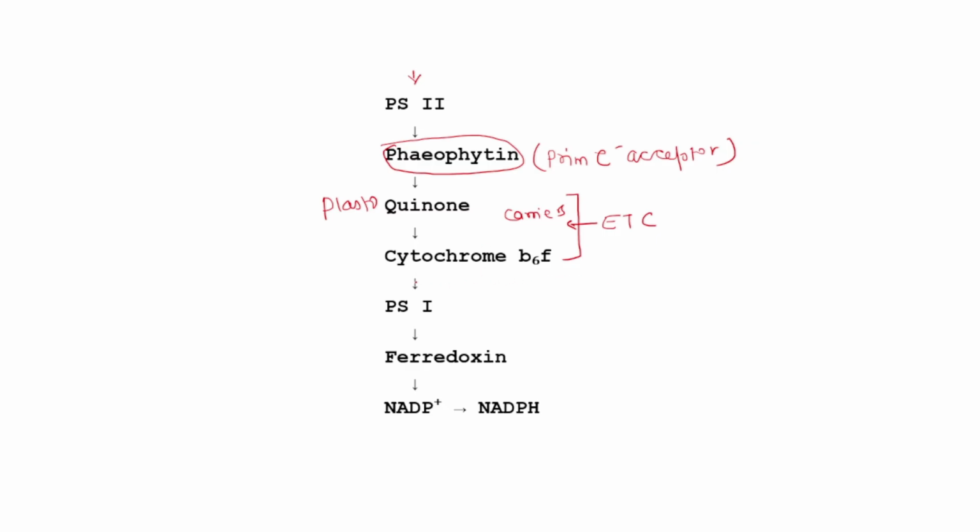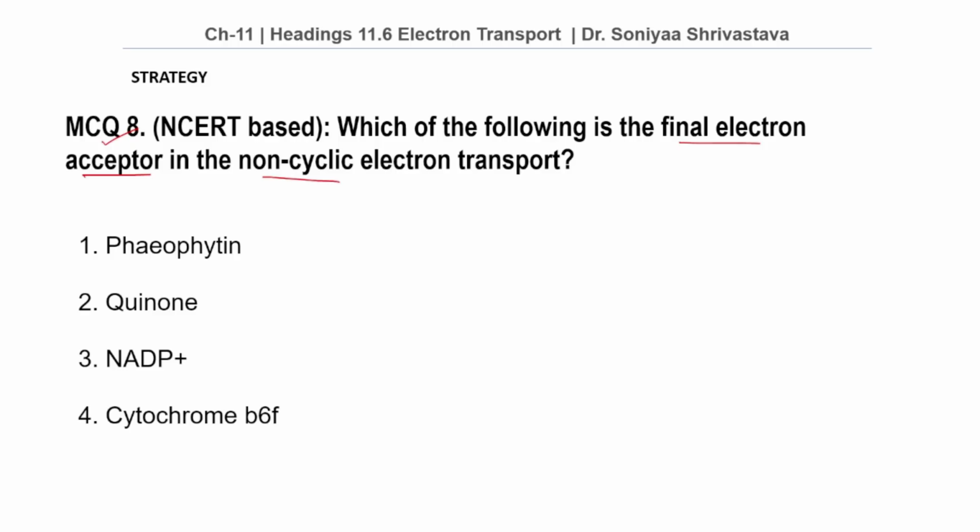From there electron goes to PS1, and from there it goes to ferredoxin, and from ferredoxin it goes to NADP plus, which gets reduced to NADPH. So question is asking which of the following is the final electron acceptor in the non-cyclic electron transport.